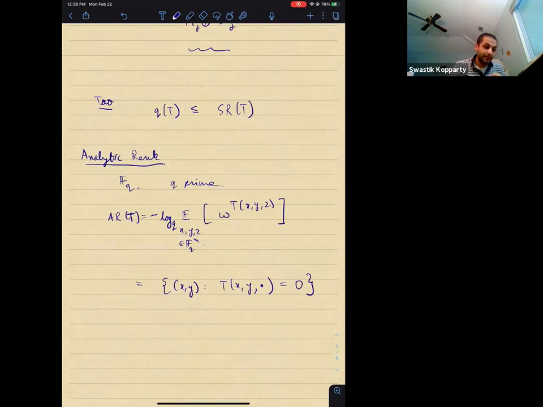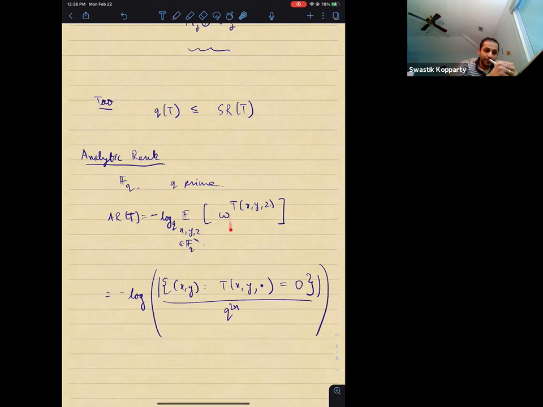We look at the size of that set divided by q to the n, oh, maybe q to the 2n, and we take minus log of this. So this equality is just verification, there are some games with the qth root of unity. And this is the analytic rank.